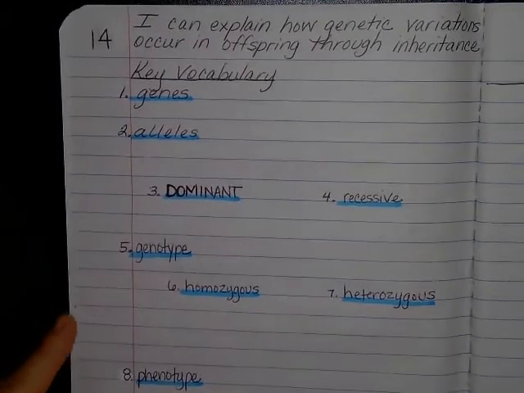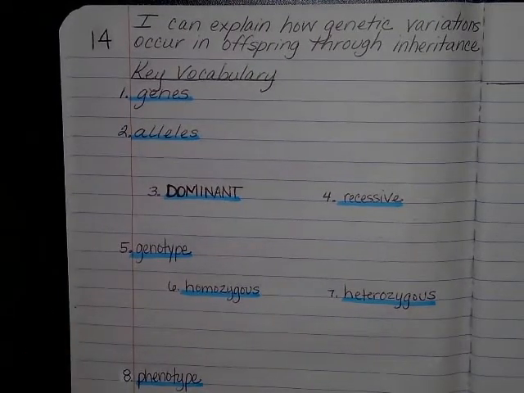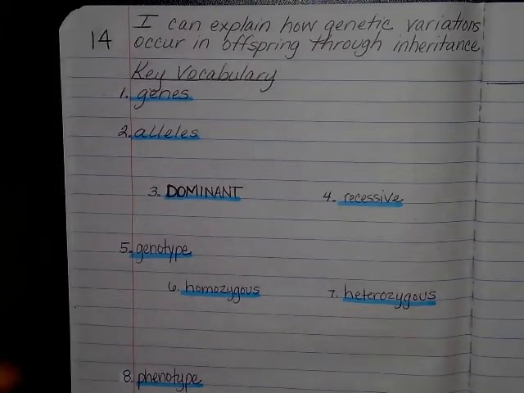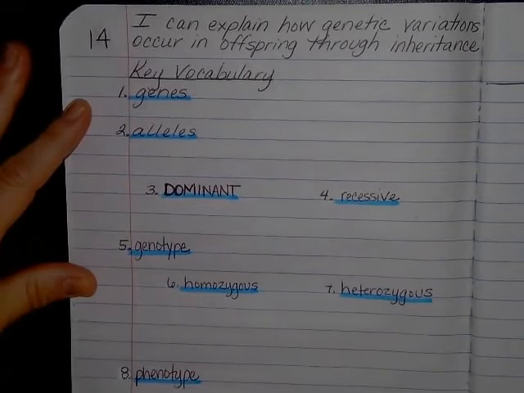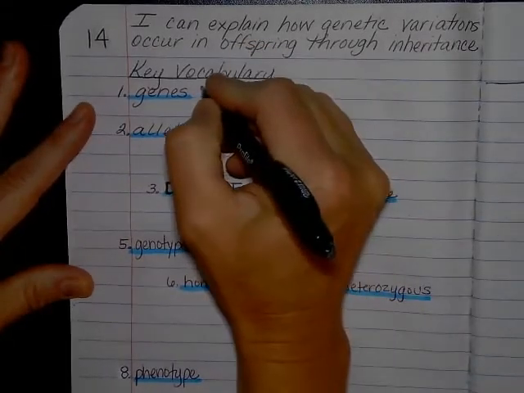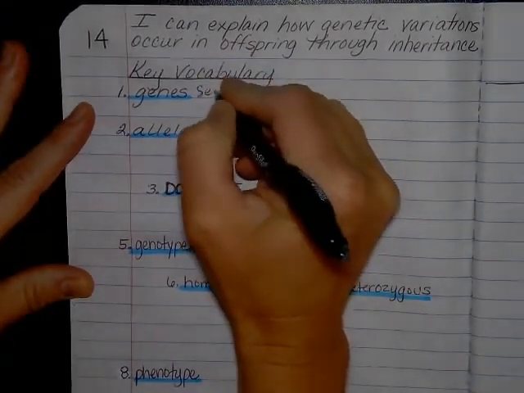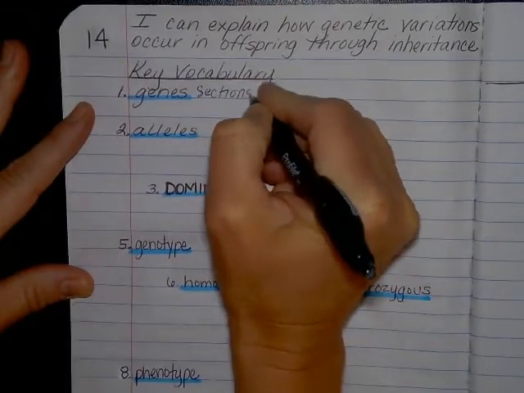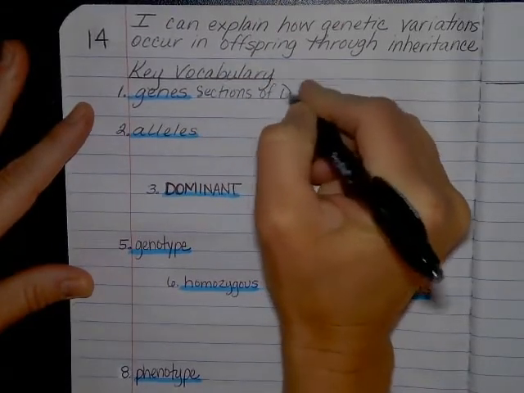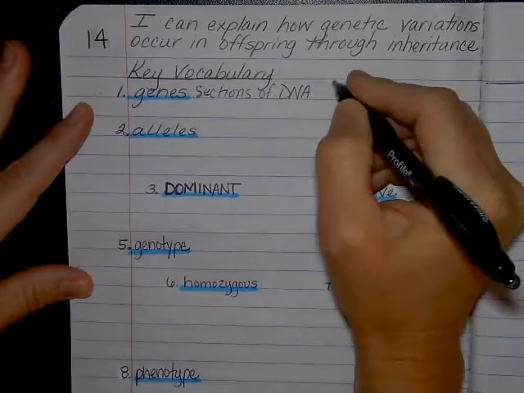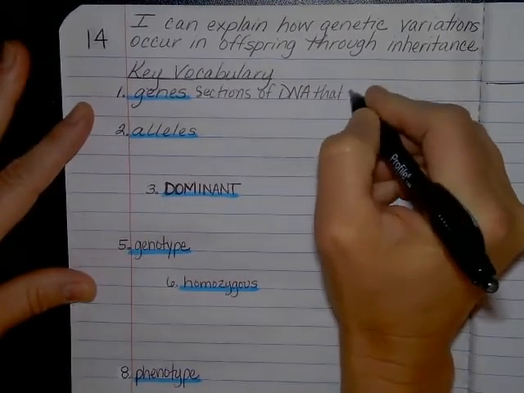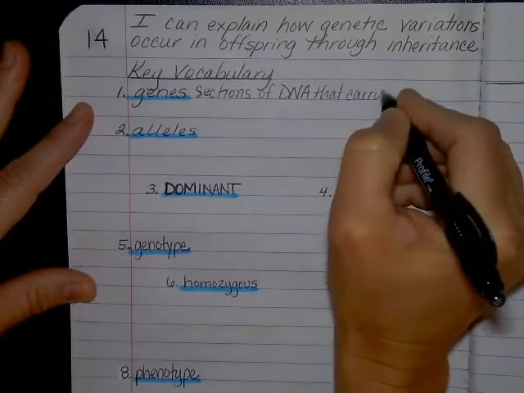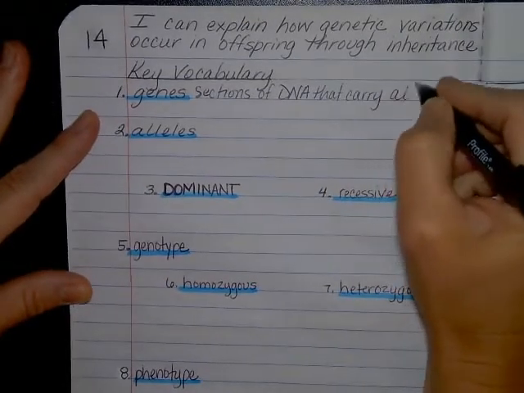So we do have some key vocabulary, some words we're going to be looking at over and over again. Genes is a big one. Obviously, it's the root word of genetics. And genes are sections of DNA that carry alleles.